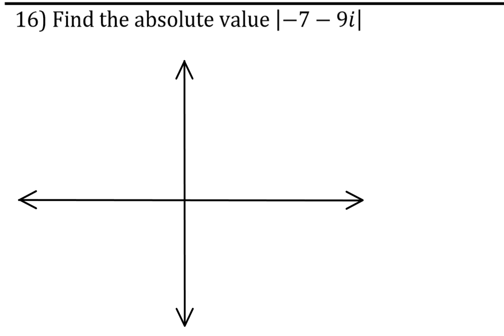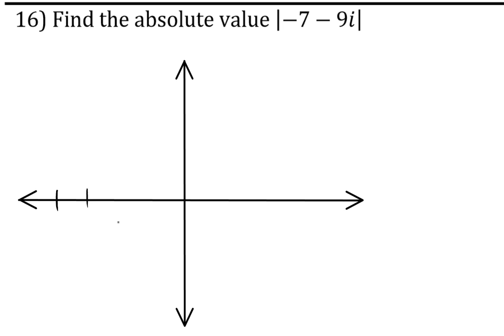And for complex numbers, the definition of the absolute value of a complex number is how far that is from the origin. If I plot this, I've got my real number part, which is 7 units, and then I'm going to go down 9 units. This is a very crude sketch.